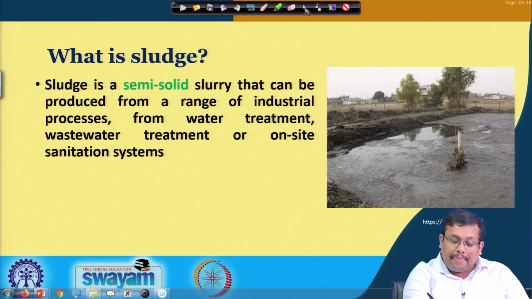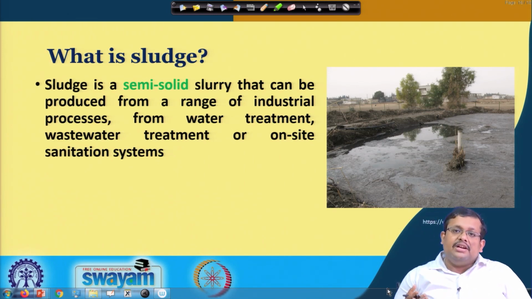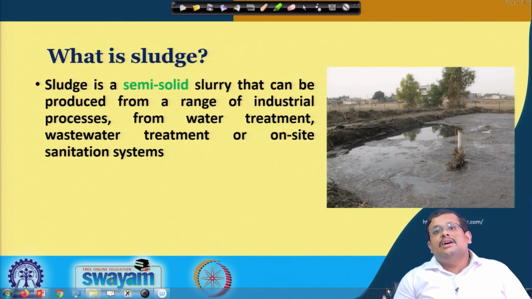So, this is a potential source of pollutant because it carries a huge load of different organic and inorganic pollutants. In the inorganic pollutants, the heavy metals and trace elements are important, and as far as the organic chemicals are concerned, there are different toxic organic chemicals which are loaded in this sludge.